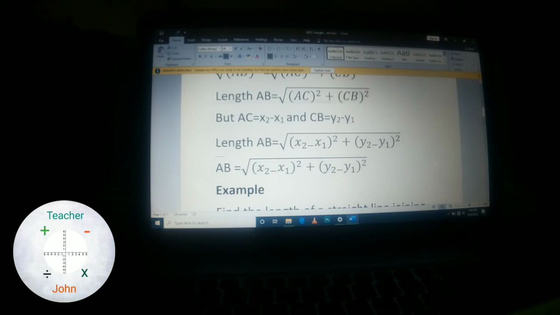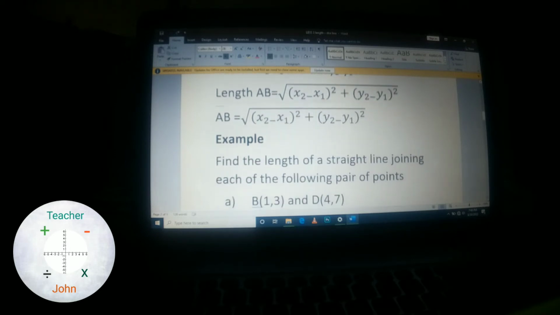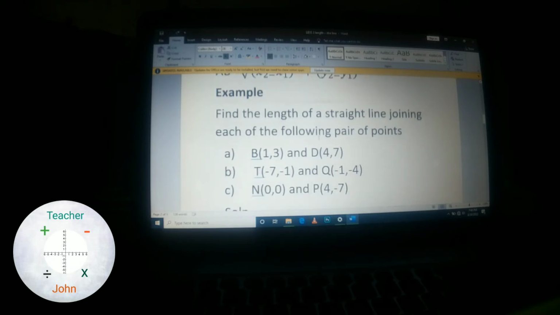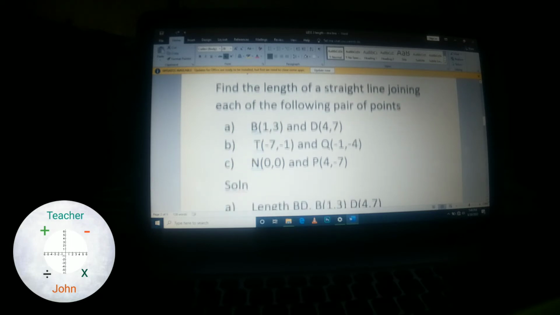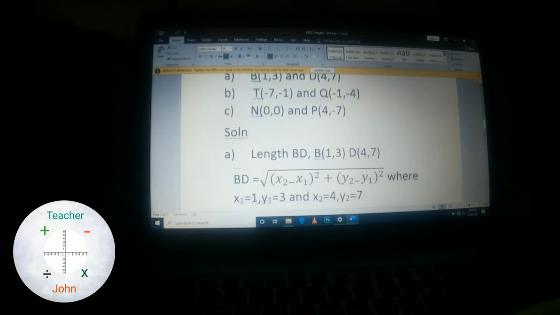So when you see an example here which has figures, they have told us to find the length of a straight line joining each of the following pairs of points. A has 1, 3 and 4, 7, which means that this is x1, y1, x2, y2. It also applies to these ones, x1 and y1, and also x2 and y2 respectively.